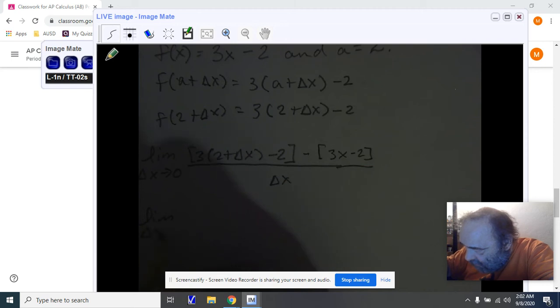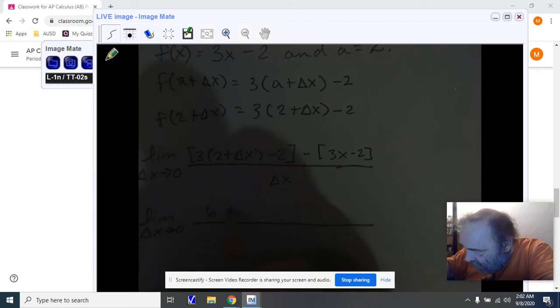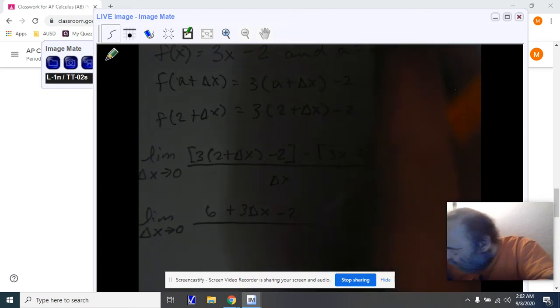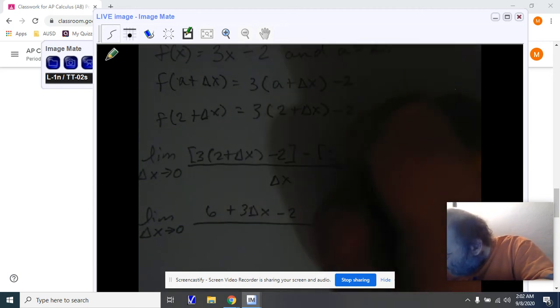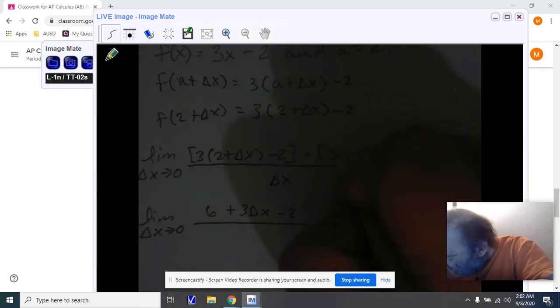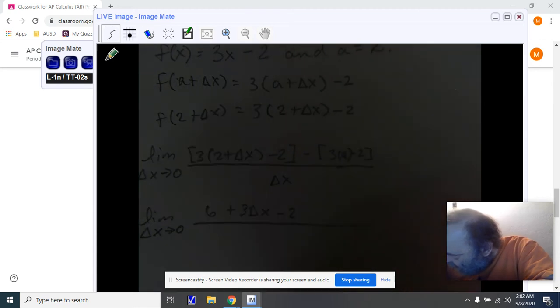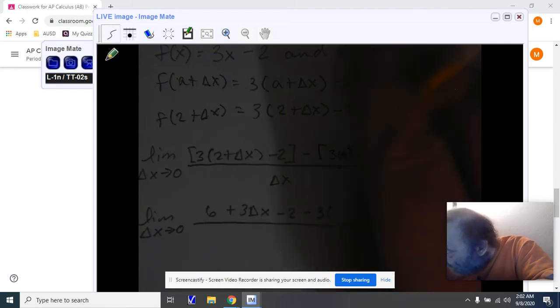Clean this up. Now, as I clean this up, we have practiced working with the difference quotient multiple times, so there shouldn't be any issues at all. Whoops, I forgot to put an a right in here. It is, after all, f of a. I then have minus 3 times the 2 value. The 2 value is the a.